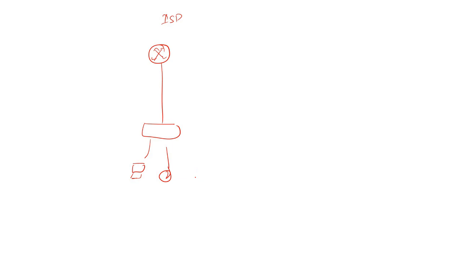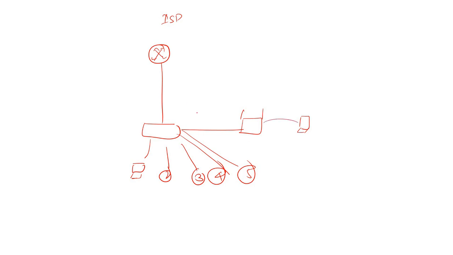So one, two, three, four, or five. There are a lot of connections there, or even if they want to extend it, they create a wireless access point, and then our office laptop can be connected via Wi-Fi as well. So you see that from the router they come to the switch.